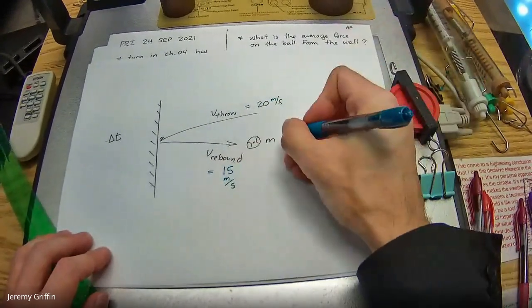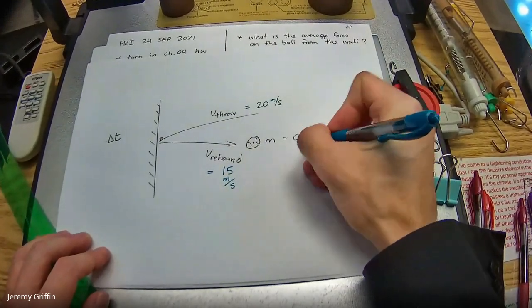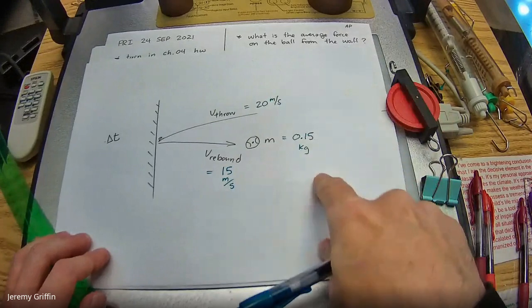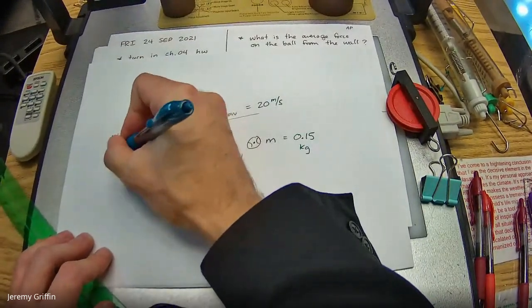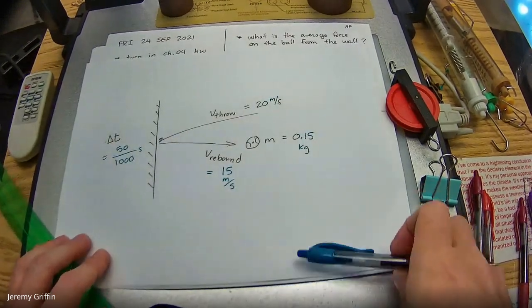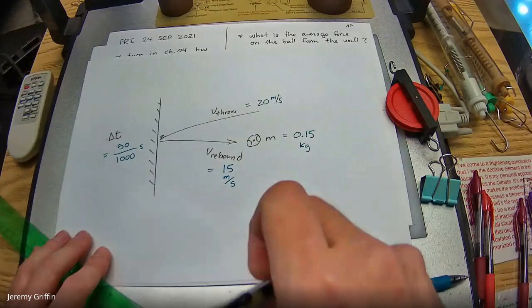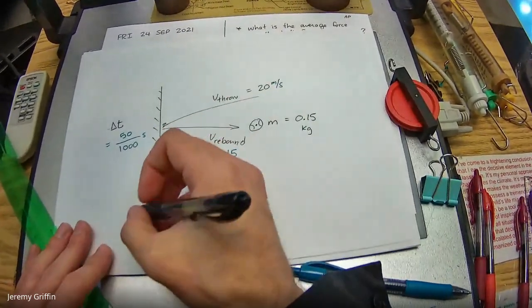I'll make up a mass of the ball. Maybe like this many kilograms. I think it's pretty close to a baseball. Okay. And let's say that the time interval is 50 milliseconds. So it'd be 50 over 1,000 seconds, like that. What is the force? I should say, what is the average force? Talk about that a little bit too.